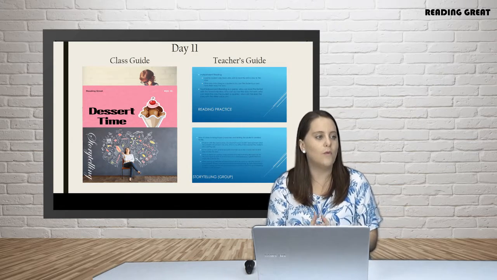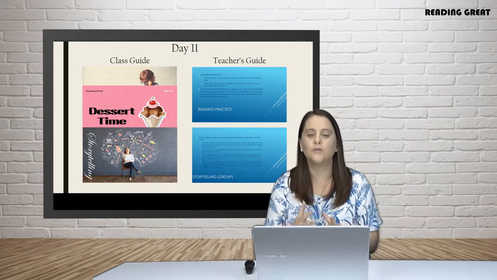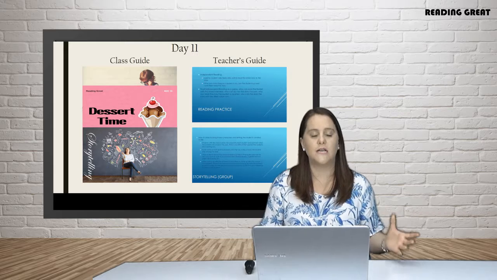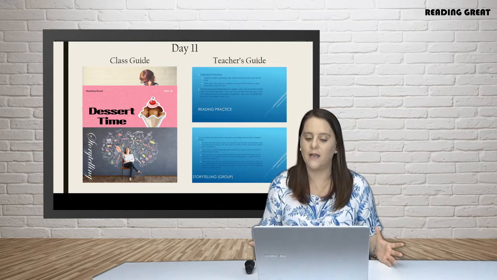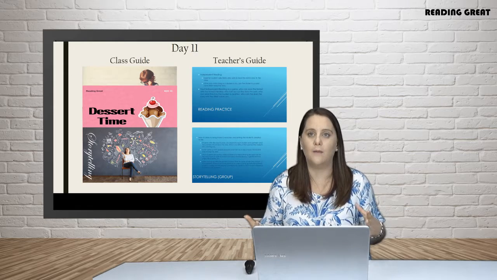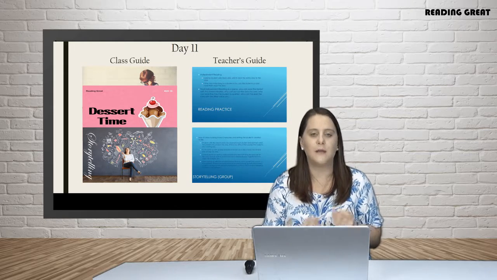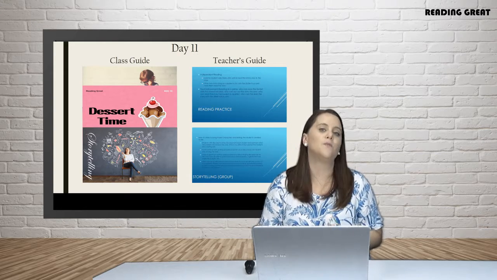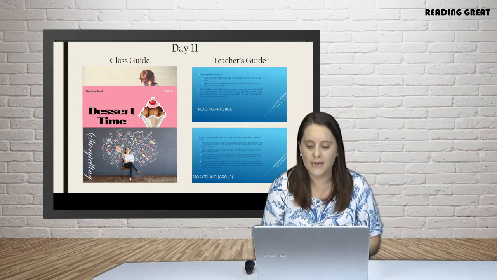And so as a class, create a problem for their characters that they've worked on during day 9 and their setting during day 10, and how they're going to act out that problem. You can have the students maybe come up with more than one problem and then choose the best one, the most popular one among the class.